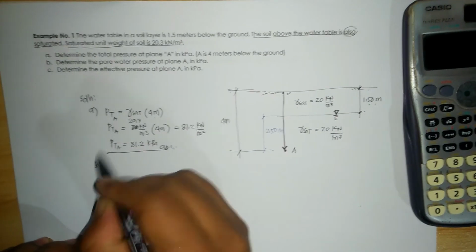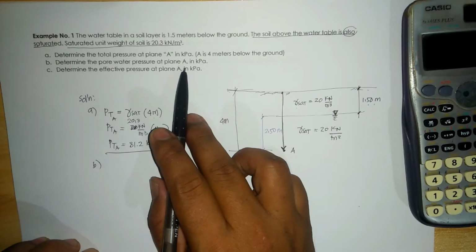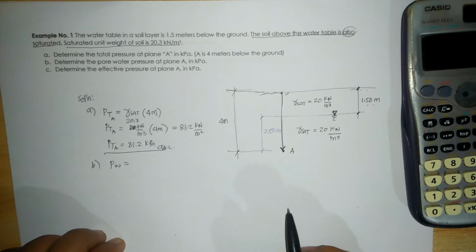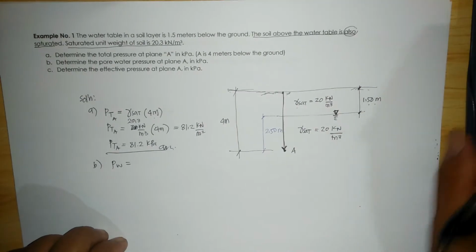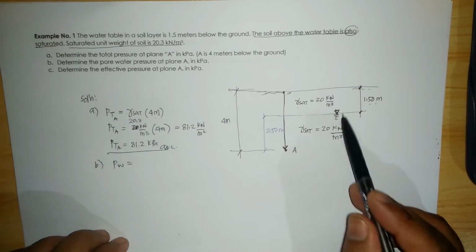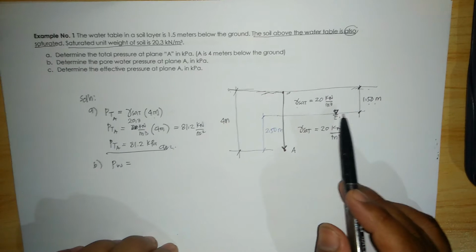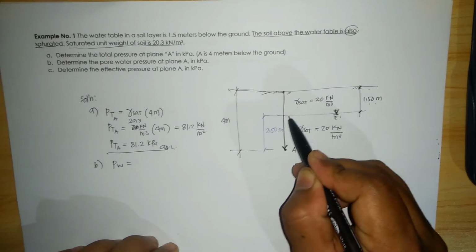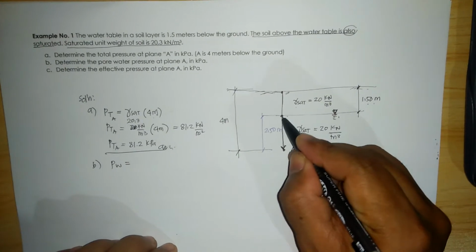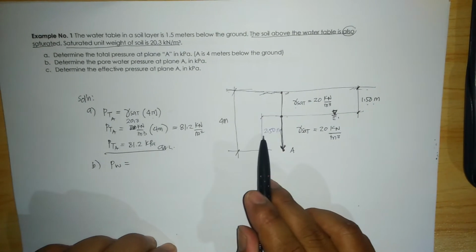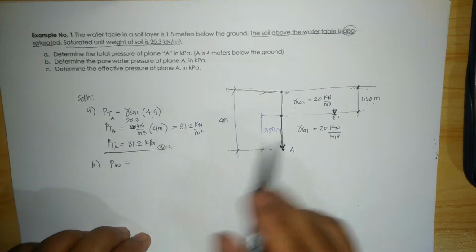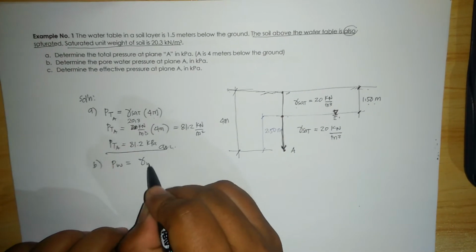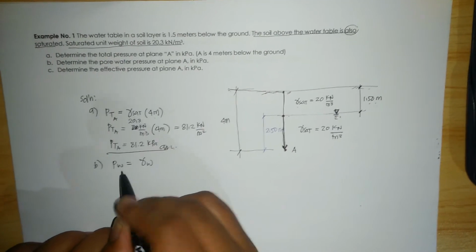And for your letter B, determine the pore water pressure at plane A. Ang basis mo dito sa pore water pressure is yung water table kapag nasa static case. So water table hanggang sa point A, ang height na gagamitin natin is 2.5 meters. Gamma of water, kasi we are talking about pore water pressure.